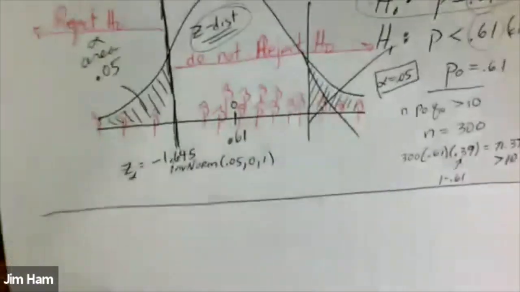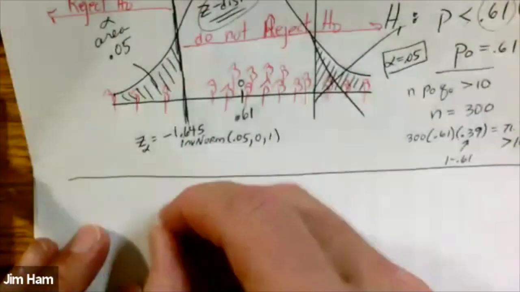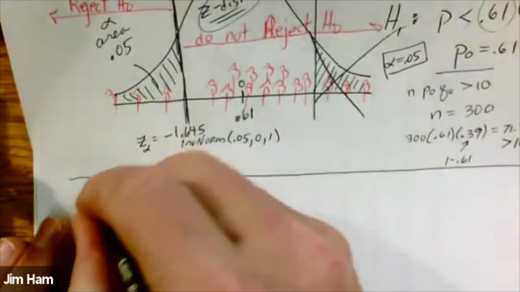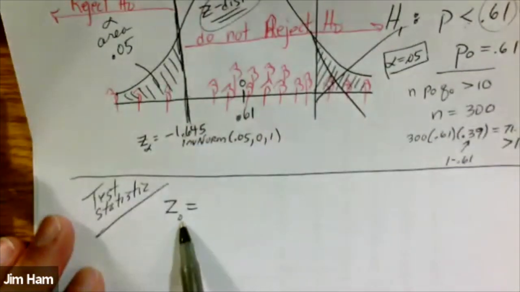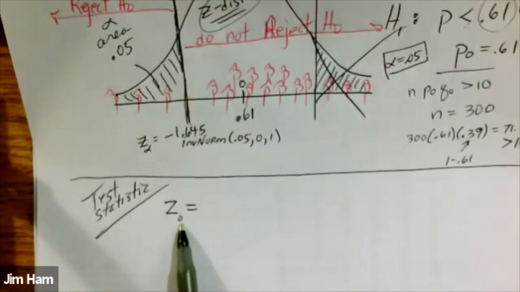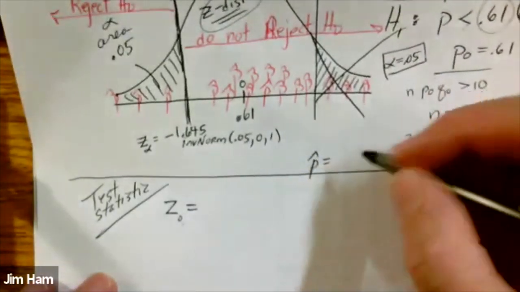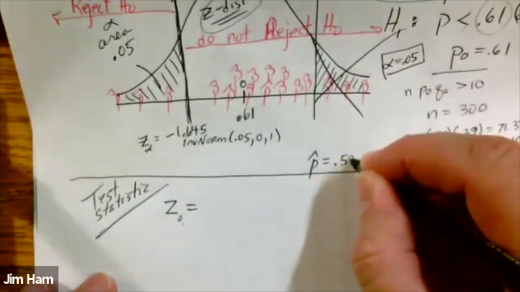Now, what are we going to do from here? We're going to calculate a test statistic. Our author describes that as Z sub 0 because it corresponds to the sample proportion that we get in the problem. So let's say that we took the sample and we found the sample proportion to be 0.59.